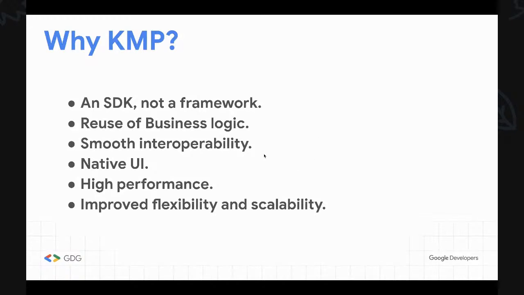The third one is that Kotlin Multiplatform provides smooth interoperability. With code specific to the platform, any task that cannot be resolved in the common code part can be implemented using the expect/actual model that we will see after, to write code transparently for the targeted platform.